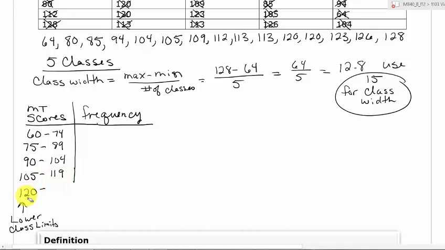And then here, we would have added 15 to get this lower class limit. So to get this upper class limit, you can either add 15 to 119 or 14 to 120. So that would be 134, because our next lower class limit would be 135. So these are our upper class limits.